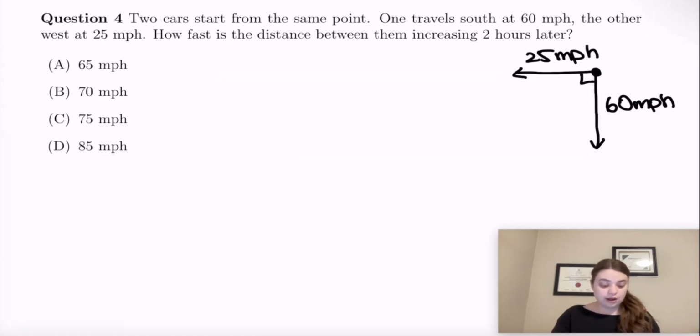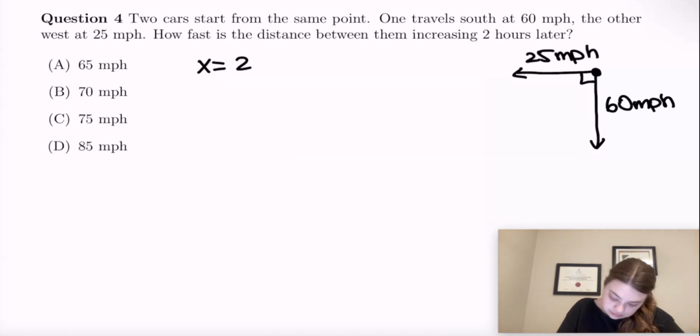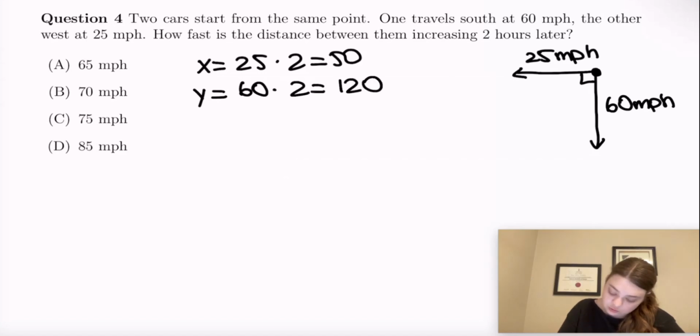Okay, so the very first thing we need to do here is write down the distances after the 2 hours. So the distance west would be x, 50 miles west. And then for y, it would be 60 times 2, which is 120 south.